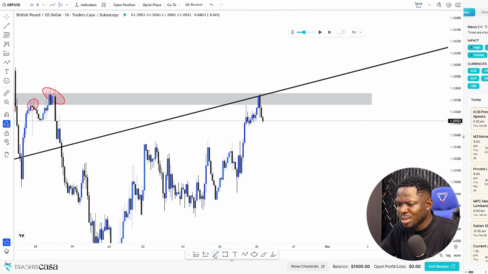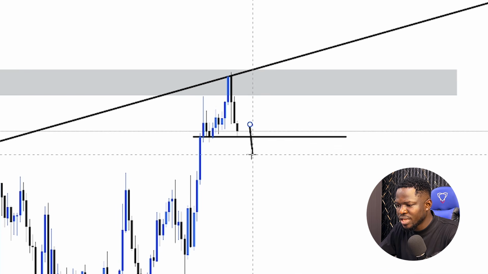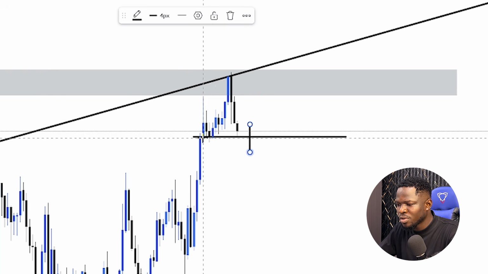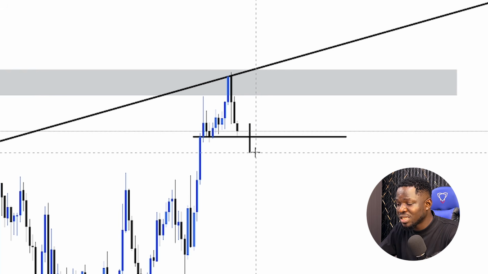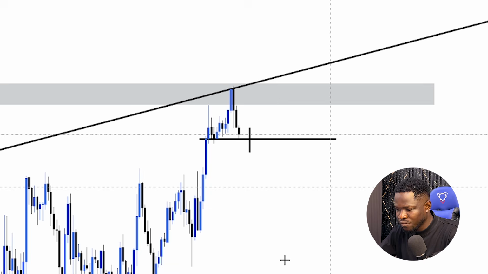If you look at what is happening right now, price is about to change the structure to the downside. So if one of the 1 hour bearish candlesticks closes or breaks below this key level, this minor support on the 1 hour time frame, then it's going to validate my entry confirmation.